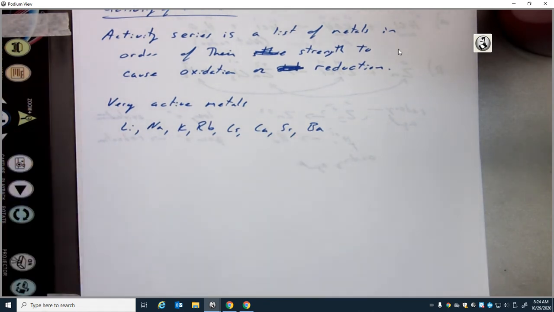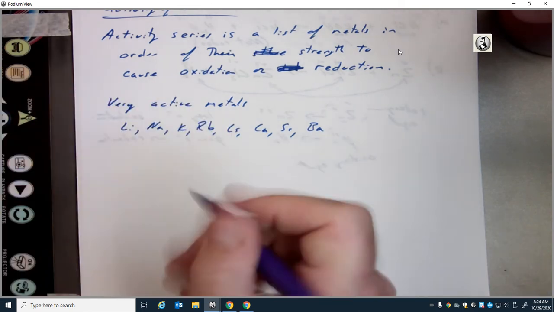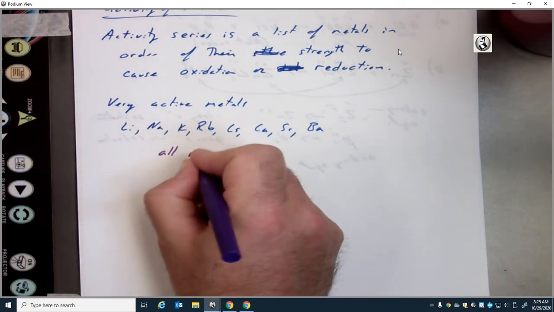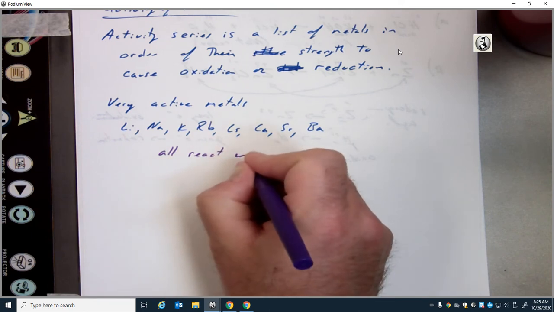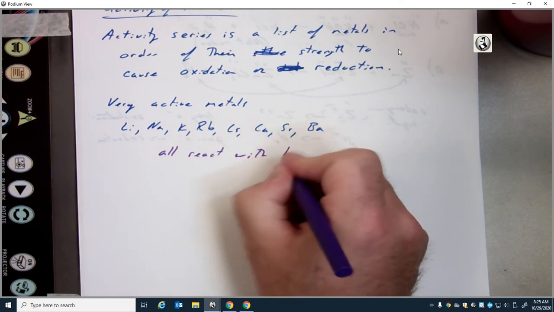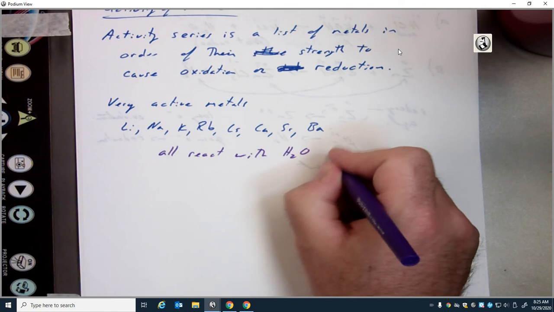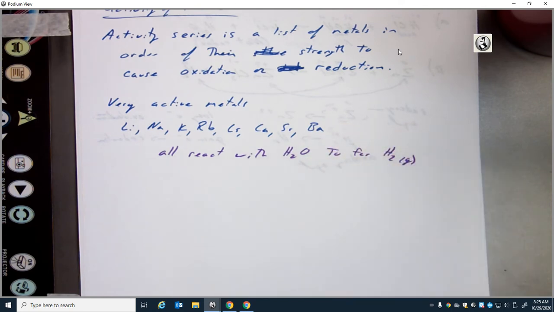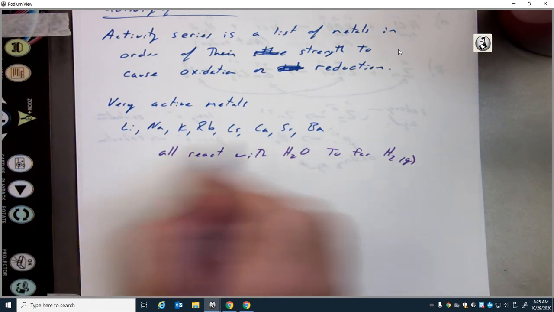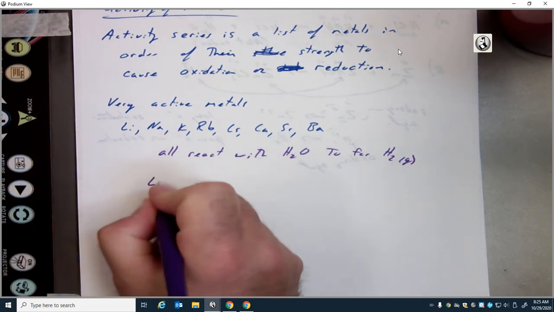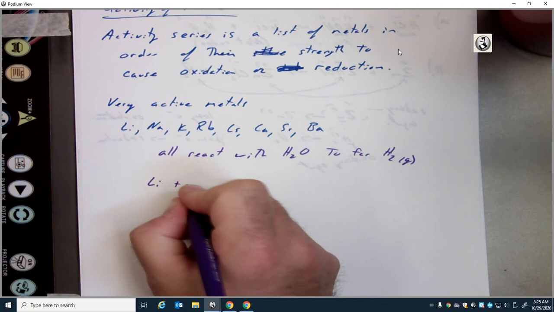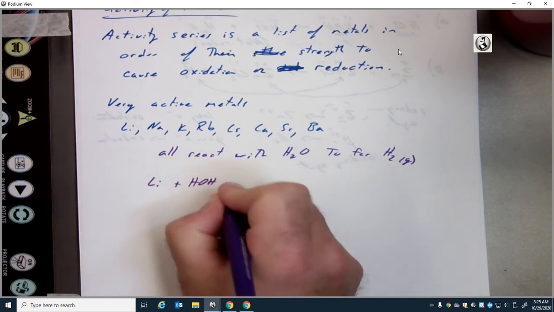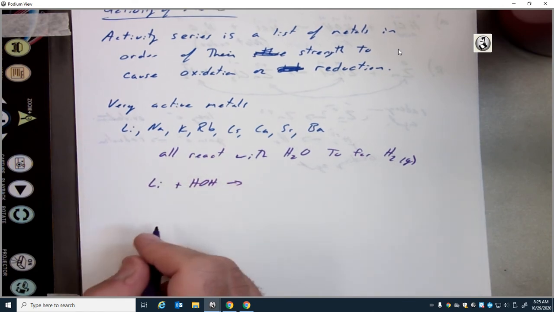So all of these metals are so active that they're going to all react with water to form hydrogen gas. Okay. So all we need is some water. So if I take some lithium and I put it in water, these two react.